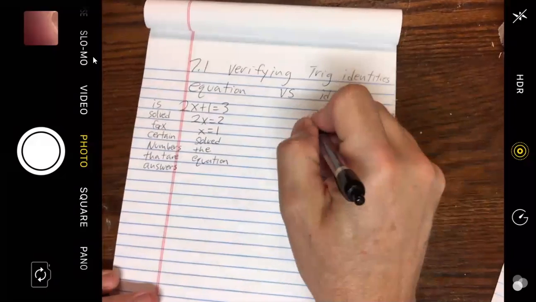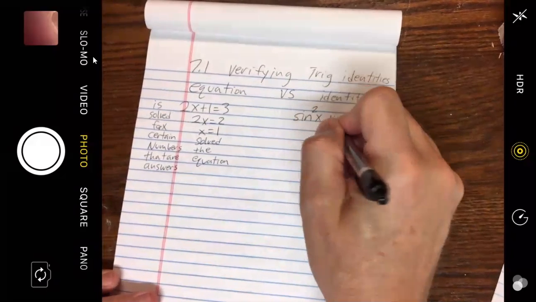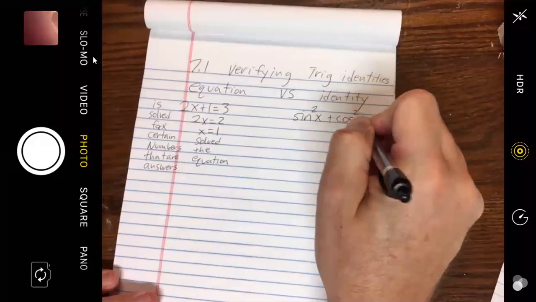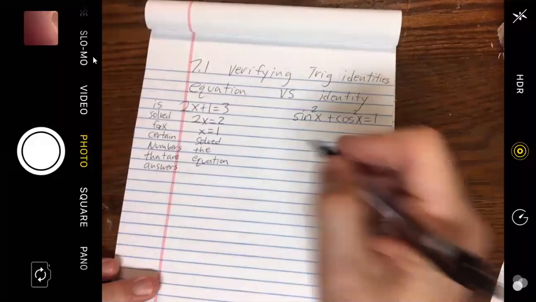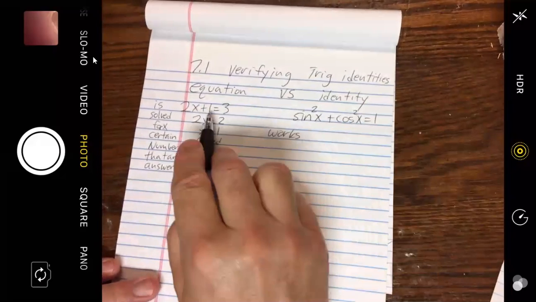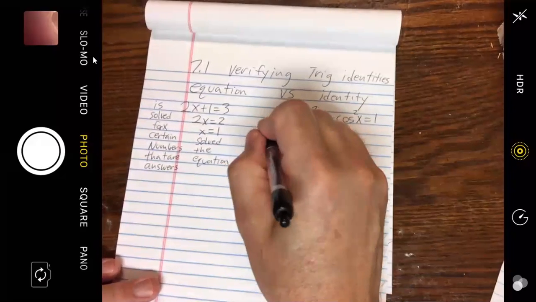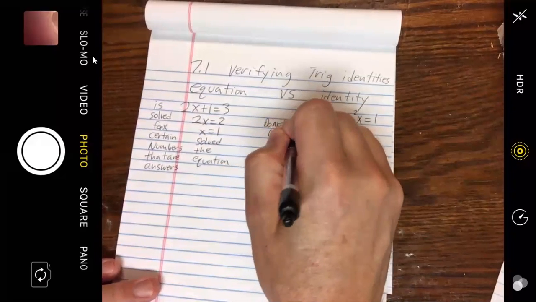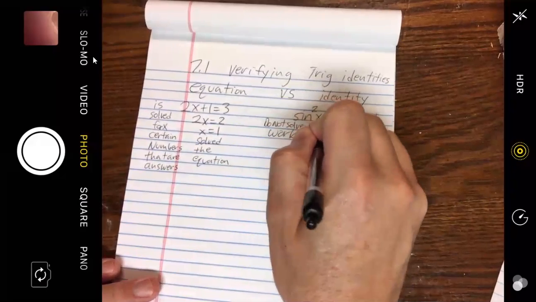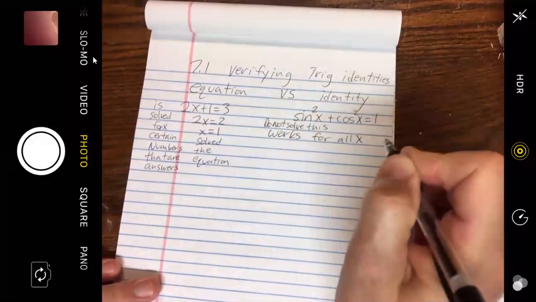And an identity, I'll start with the first basic one: sine squared of x plus cosine squared of x equals 1. It works for all x. Notice they both have equals, but you do not solve this. It works for all x.